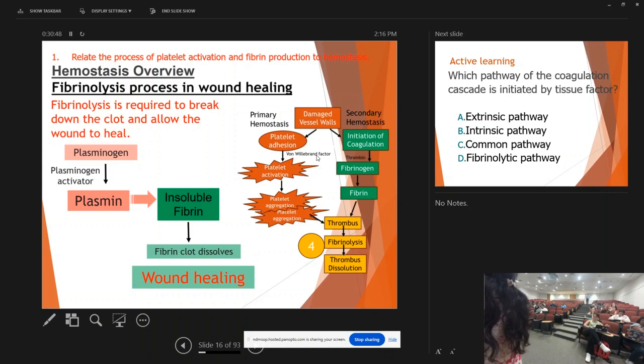Plasminogen, in the presence of plasminogen activator, will convert into plasmin. This plasmin will now act on the insoluble fibrin and break it down, and the clot will dissolve. That's how wound healing happens. Okay.